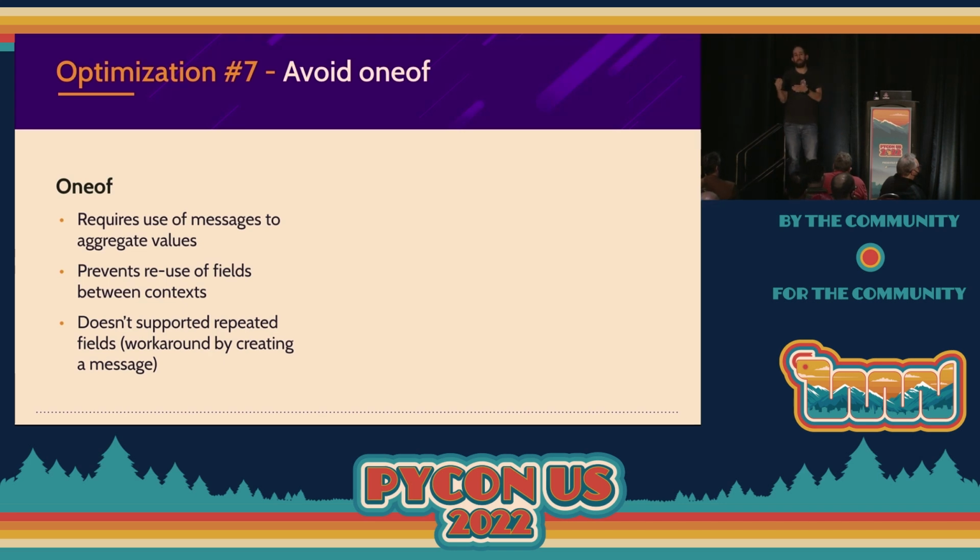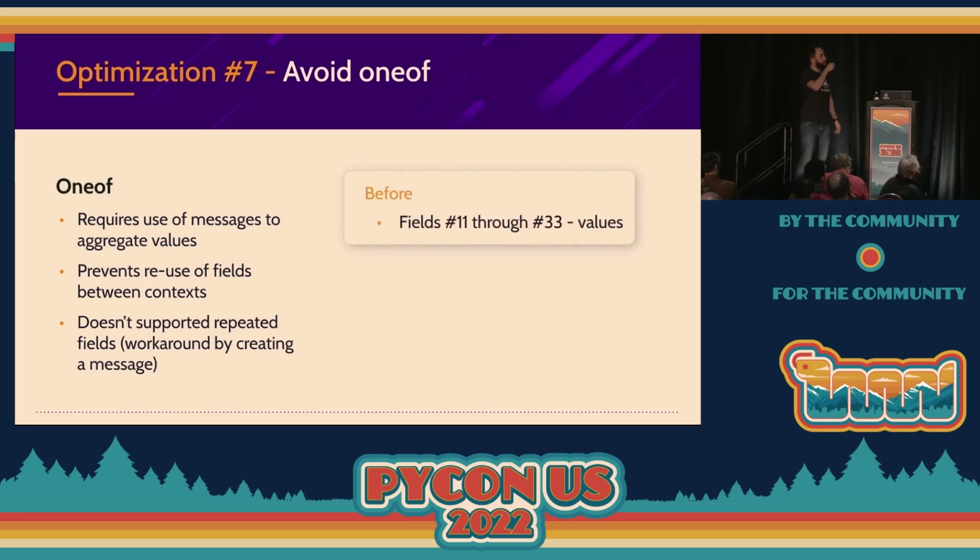And the reason for that is that within a Oneof, you can only have one field. So if you want that field to have essentially multiple attributes, you need to wrap it with a message. And as we mentioned, wrapping with a message is bad. So also as another side note, Oneof doesn't allow you to add repeated to the attribute. And again, you have to work around that by adding a message.